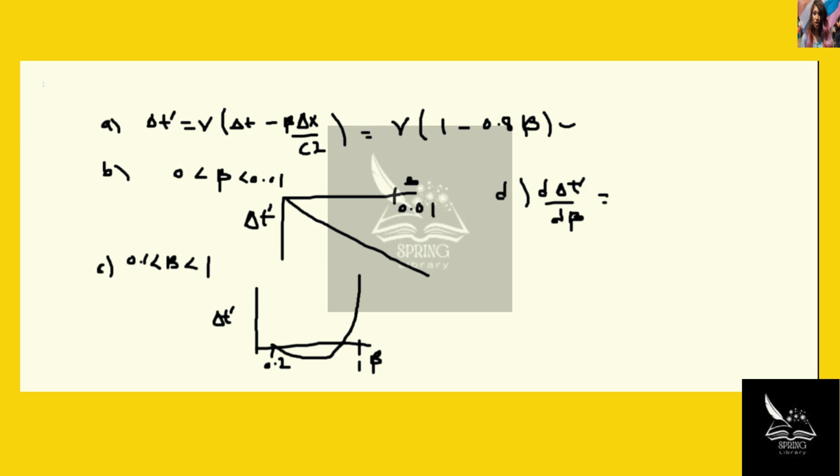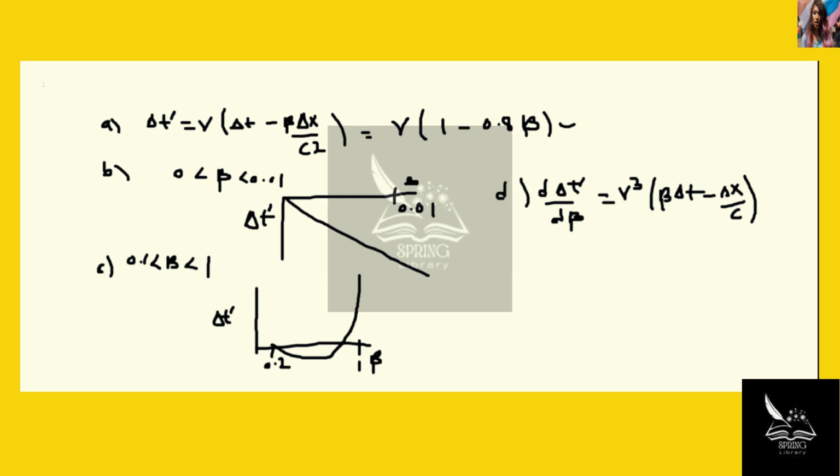If we take the derivative and set it equal to 0, then we get gamma cubed times beta delta t minus delta x over c. Sorry, it's c.